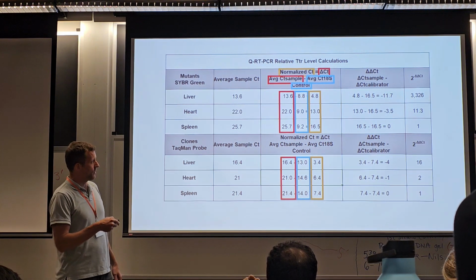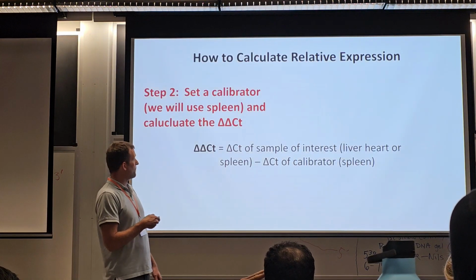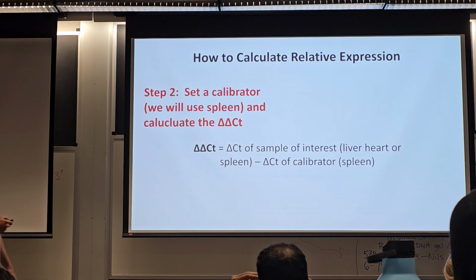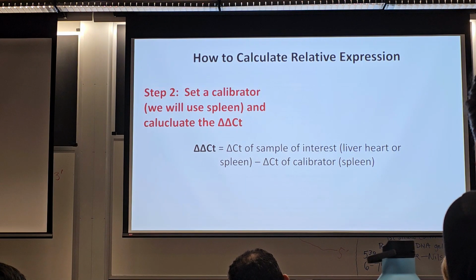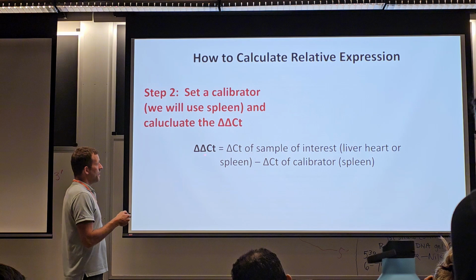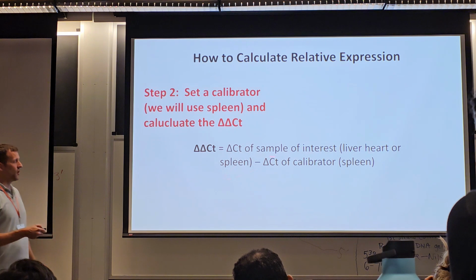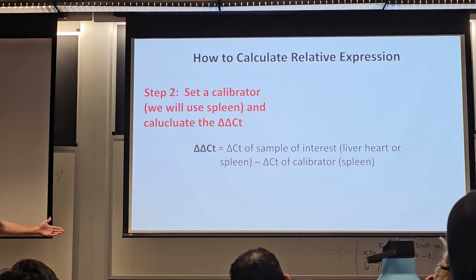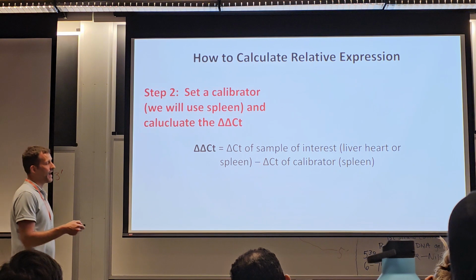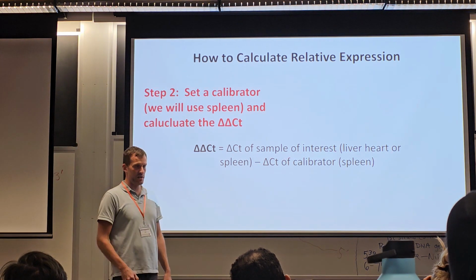And so the next step is we set a calibrator. We're going to use spleen, and then we're going to calculate our delta-delta CT. To do this, we take the delta CT of the sample of interest, the liver, heart, or spleen, what we just calculated, and we subtract from that the delta CT of our calibrator.